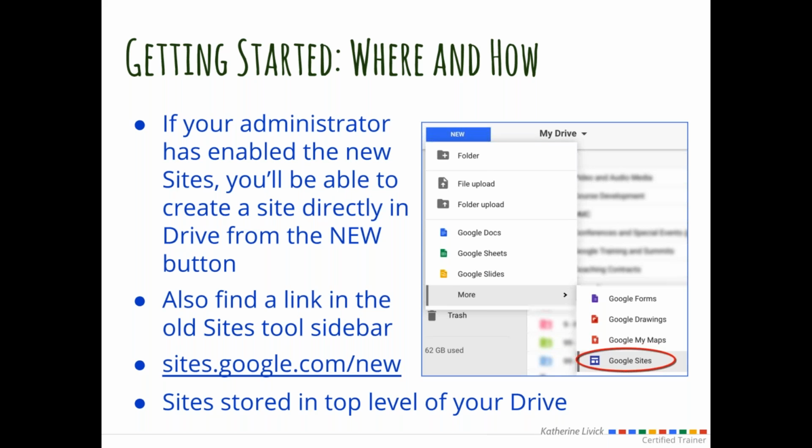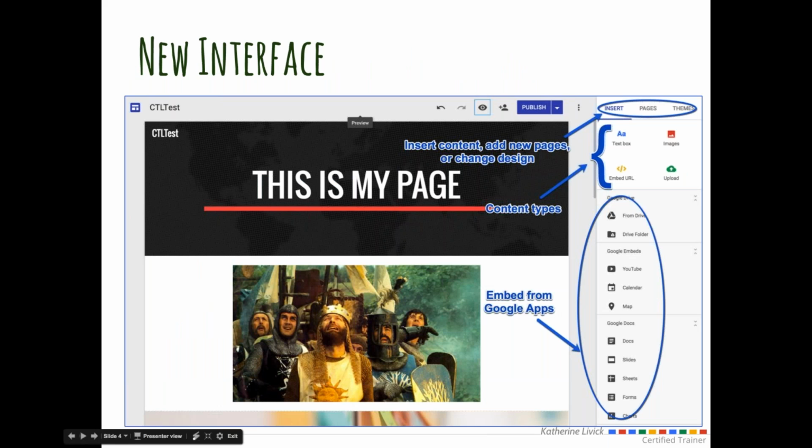You can also find a link to it in the old Sites tool sidebar. If you're already looking in the old Sites tool, there's a link down below that says try the new Google Sites. You can click on that, or you can type into your Omnibar sites.google.com/new, and that will take you to this tool that I'm about to show you.